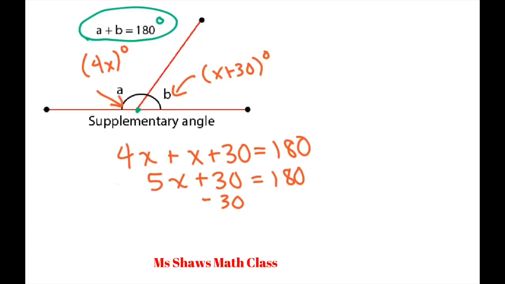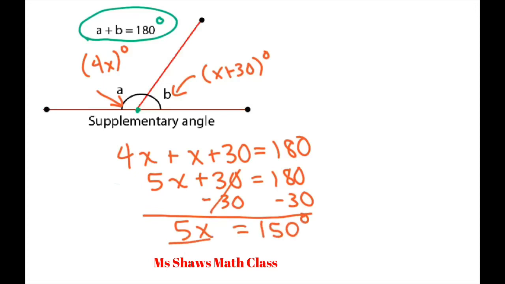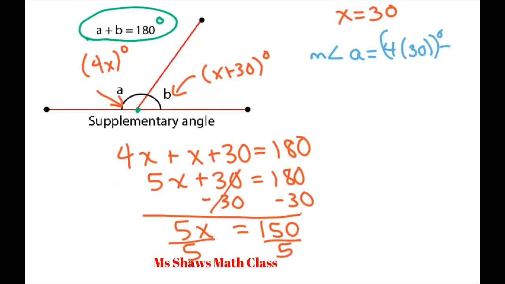Subtract 30 from both sides. You get 5x plus 0, that's just 0, equals 150. Divide both sides by 5, and you get x equals 30 degrees. All right, so now we're going to find the angles A and B. The measure of angle A equals 4 times 30 degrees, which equals 120.